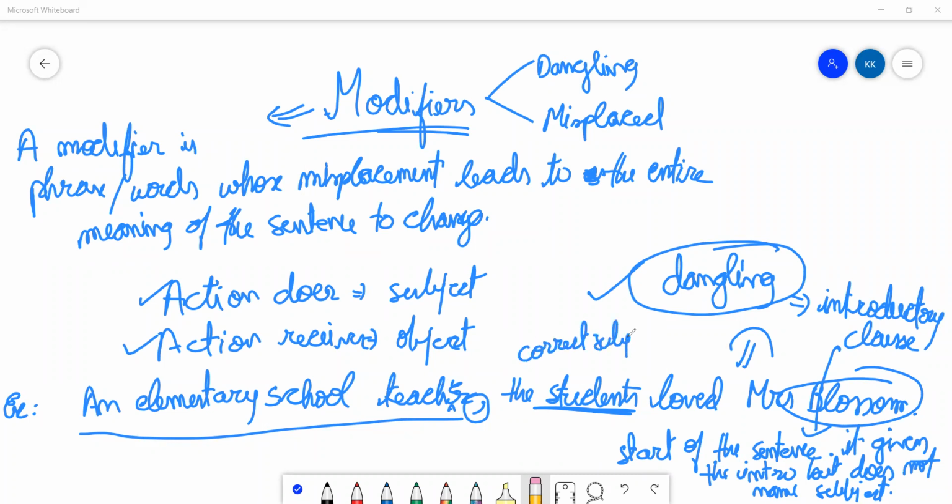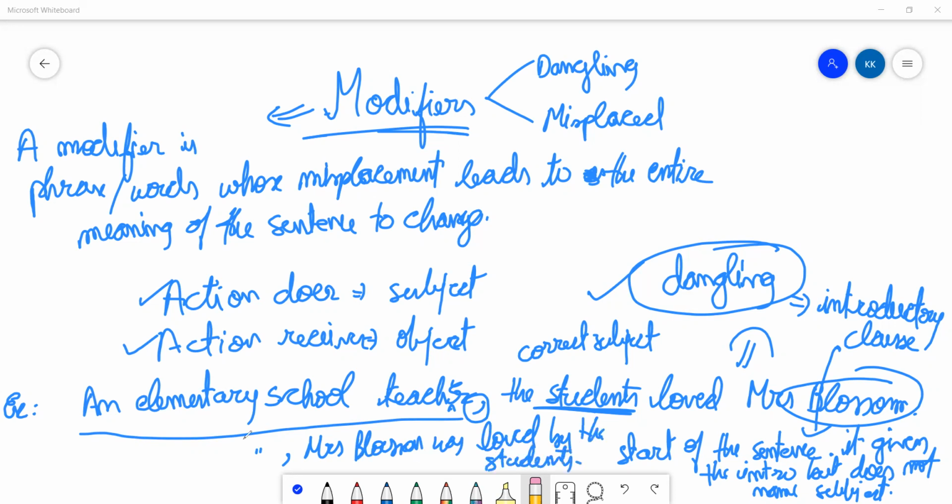The subject given here is students. Are students the elementary school teacher? No. Mrs. Blossom is the elementary school teacher. So the sentence has to be: An elementary school teacher, Mrs. Blossom was loved by the students.